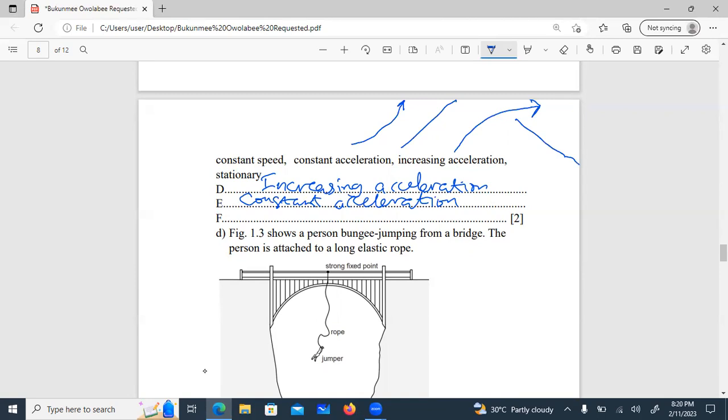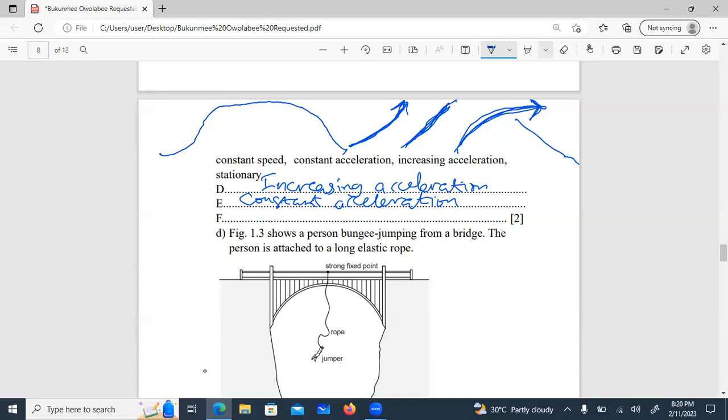This is acceleration. This is increasing acceleration. And this is decreasing acceleration. And if you have it this way, it means acceleration increases, then acceleration becomes constant, then acceleration begins to reduce. That means the object begins to decelerate. Good. That's it.